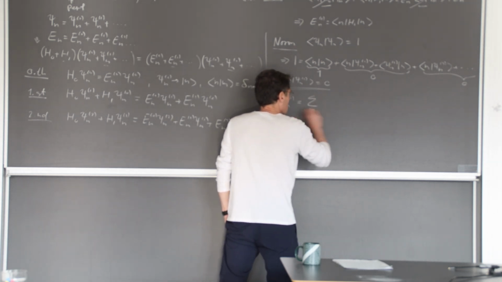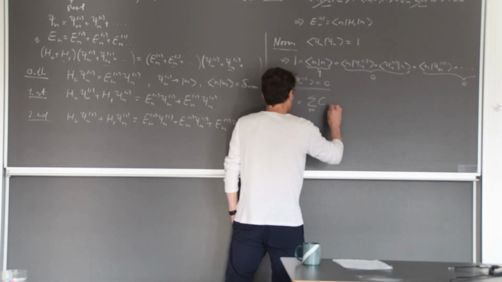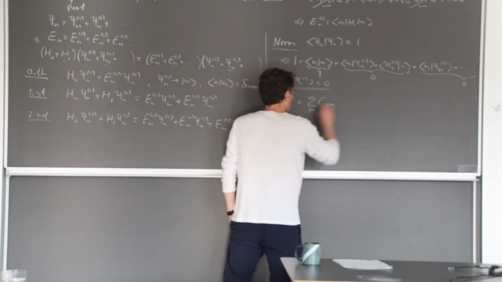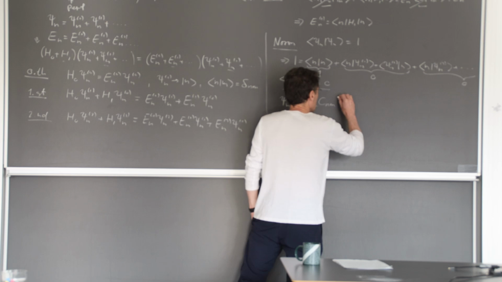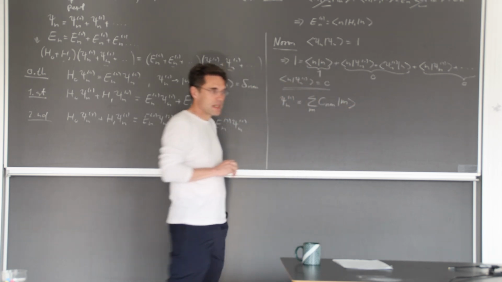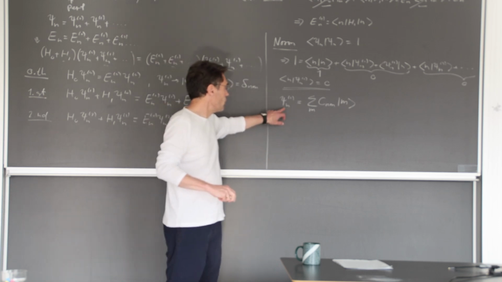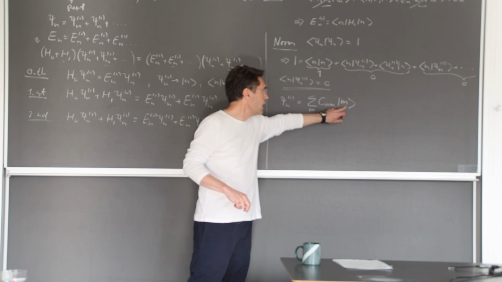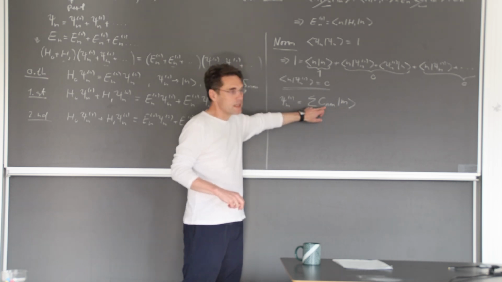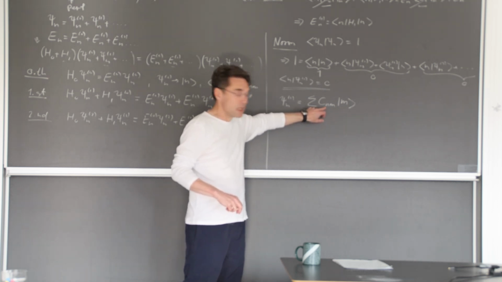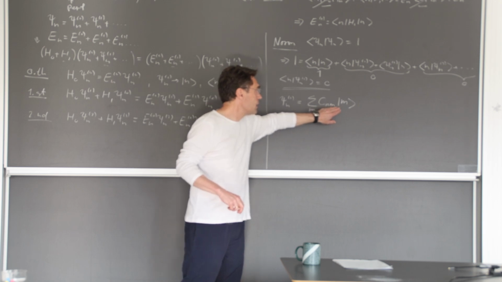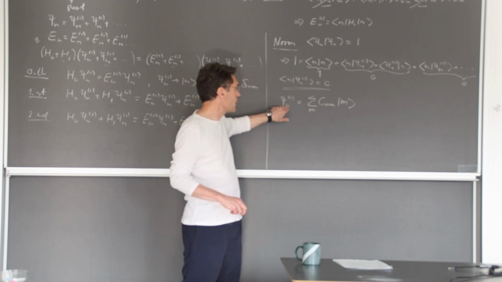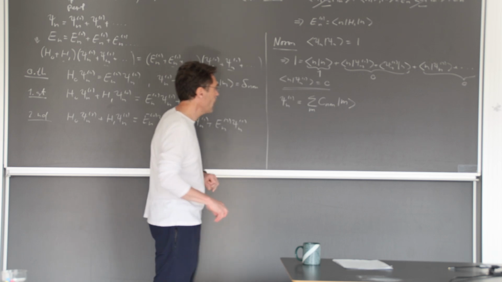So I will expand my unknown wave function in terms of known ones. So let me just write it like this. That is the idea, that we build the unknown function from the ones that we know already. So now the question is, of course, what are these coefficients that we need to apply to construct this superposition to get the perturbation?